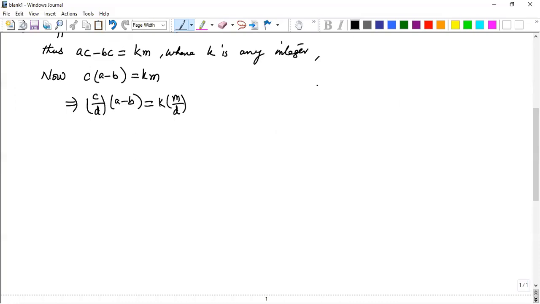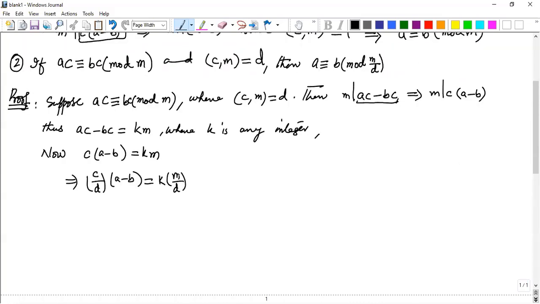So we know that the GCD of C and M is D. It means D is the greatest number that divides both C and M. So if we divide C by D and M by D, and then take the GCD of both, it must be 1.